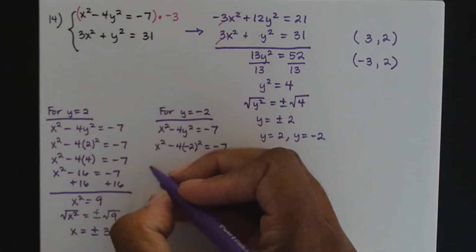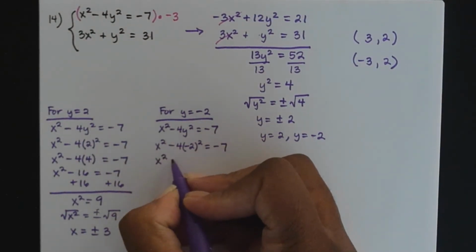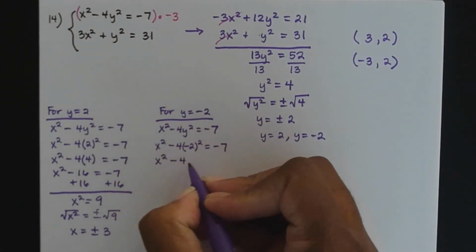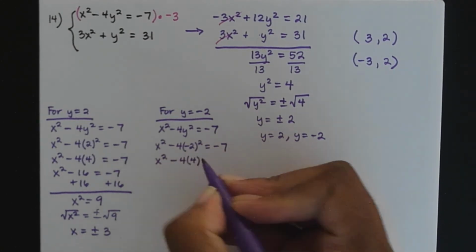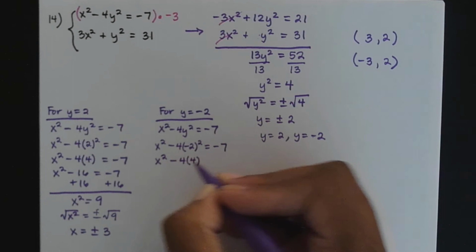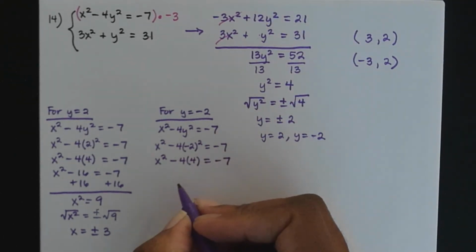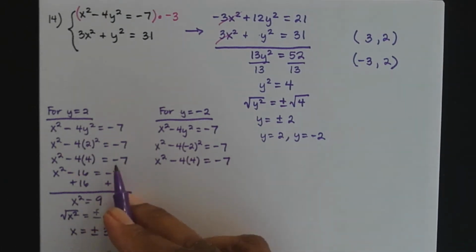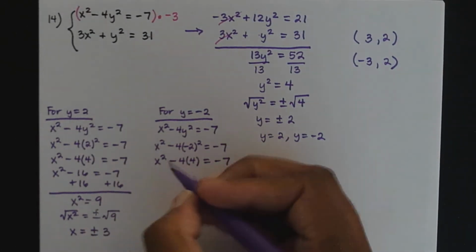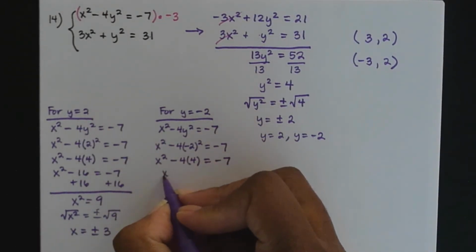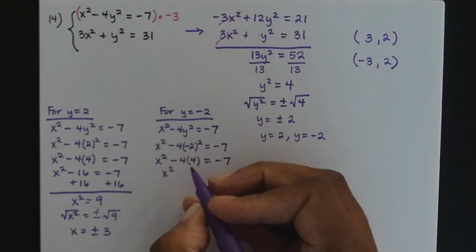Well, let's go ahead and do this. Bring down the x squared minus 4. Negative 2 squared will be a positive 4 because negative 2 times negative 2 is positive 4, and it's equal to negative 7. It's going to be the same thing as what I got for y equal to 2. So I'll work this out completely.